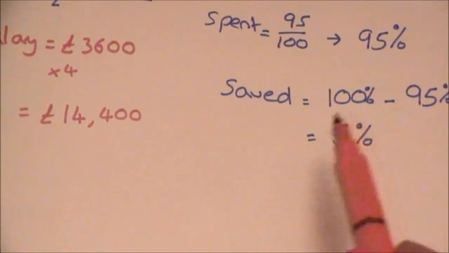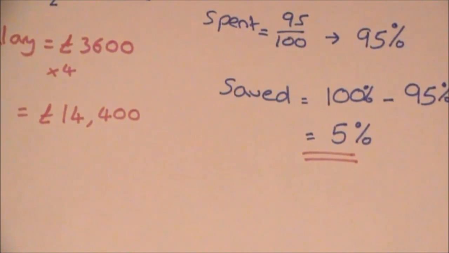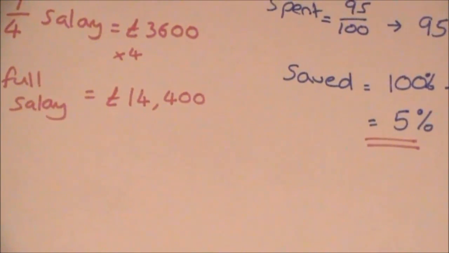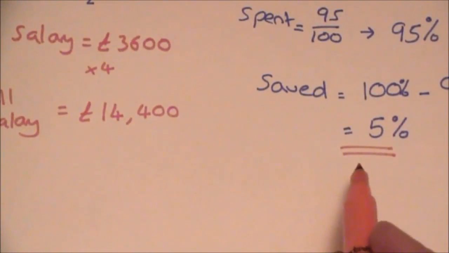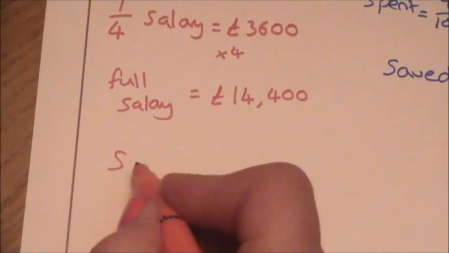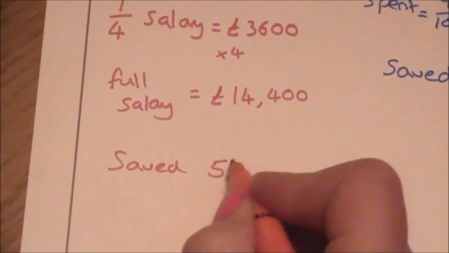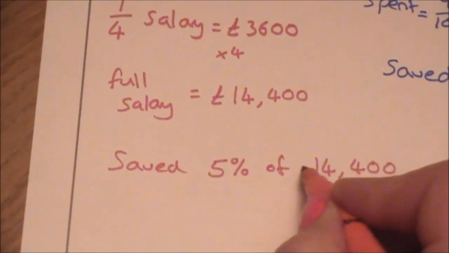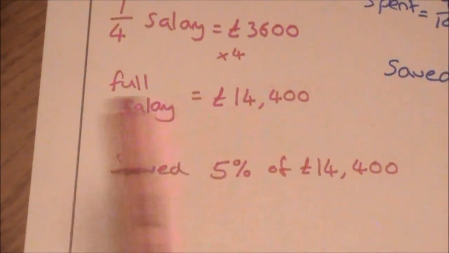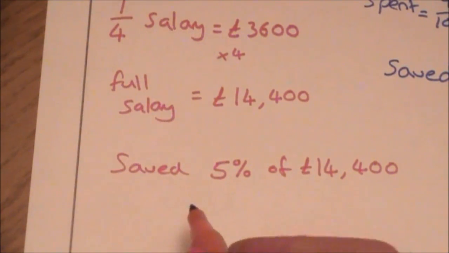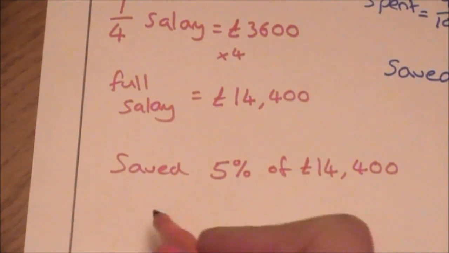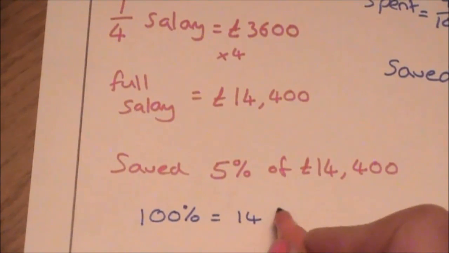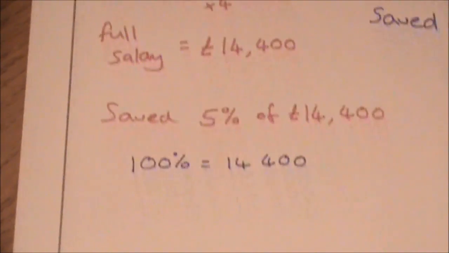Now comes the tying together bit at the end. I know that he saved 5% of his salary. And I know that his salary is £14,400. So I ultimately need to find that he saved 5% of £14,400. Now in order to get to 5%, I need to go via 10%. So I know 100% is 14,400.